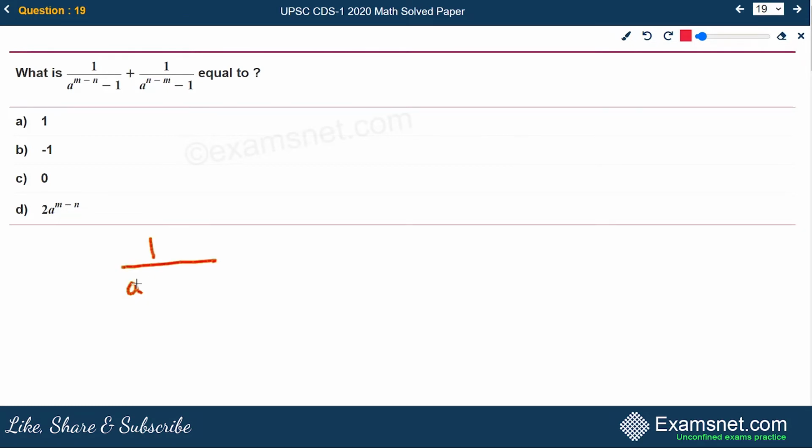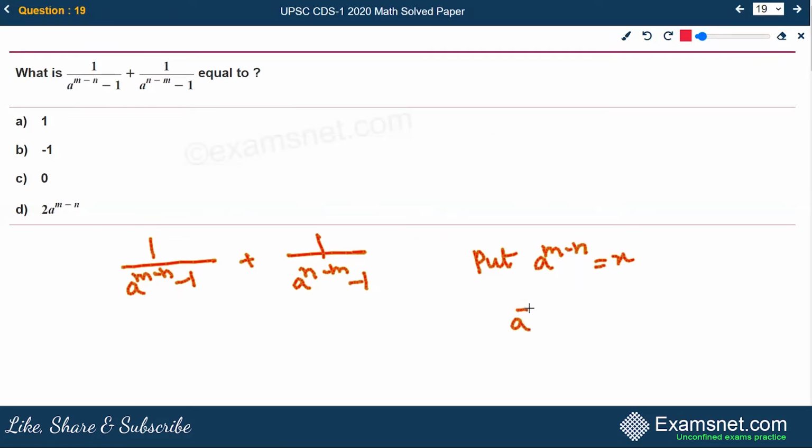So let me first write the expression. We can put a to the power m minus n as x. Also, we'll use a rule that is a to the power minus 1 means 1 by a.